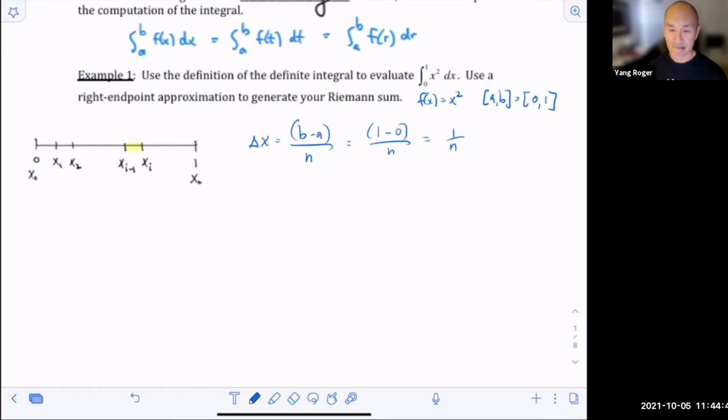And I'm going to need to figure out my f of xi star, because this is going to be the height of the ith rectangle.